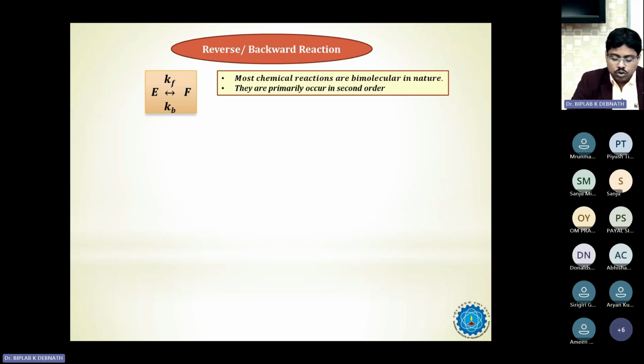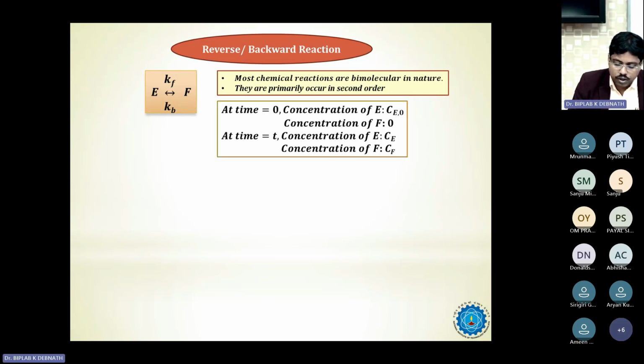Most chemical reactions which are bimolecular in nature primarily occur in second order. At time t equal to 0, the concentration of E is Ce naught and the concentration of F is 0.